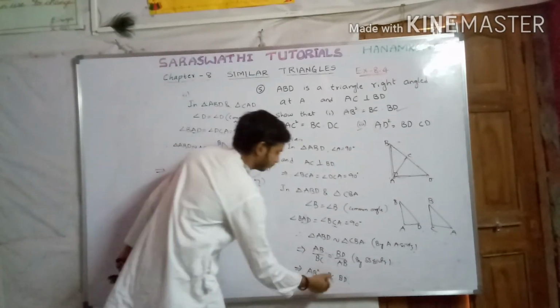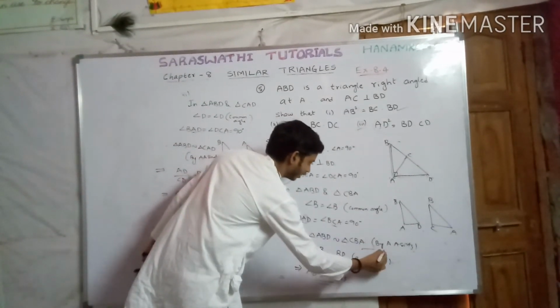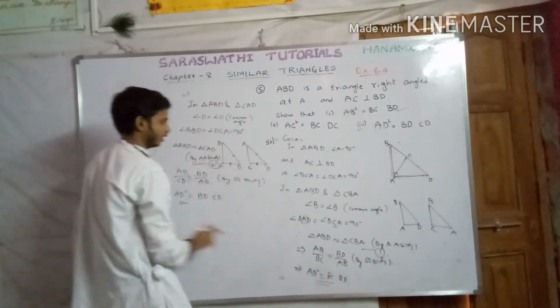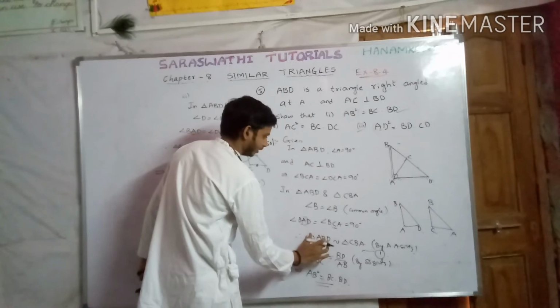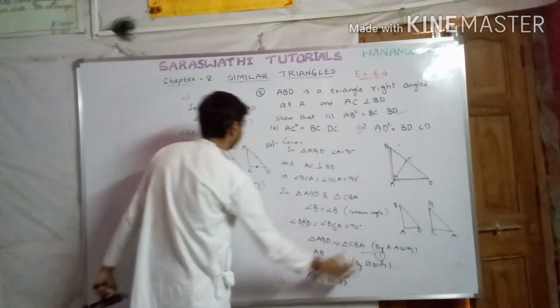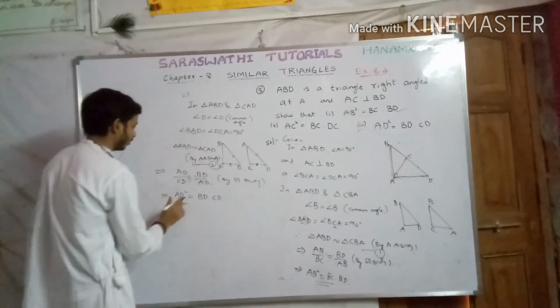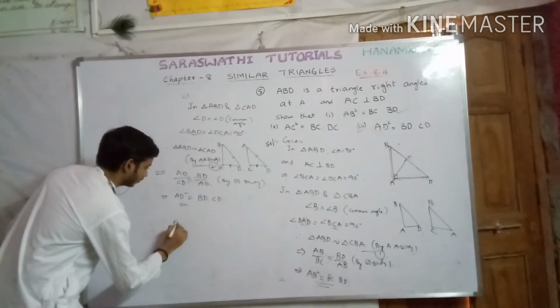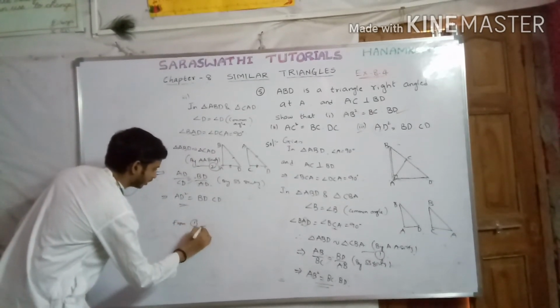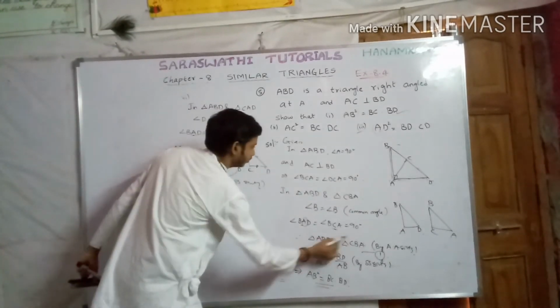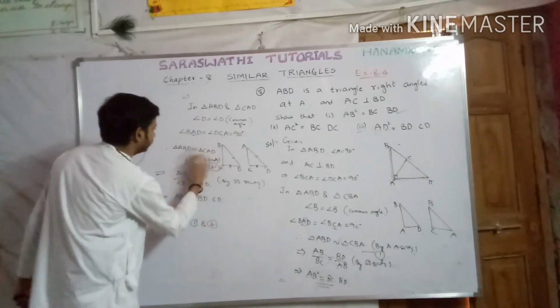From the first proof consider it as the first equation, and from the third proof consider it as the second equation. Here triangle ABD is similar to triangle CBA, and here triangle ABD is similar to triangle CAD. So from the first and second equations we get that triangle CBA is similar to triangle CAD.